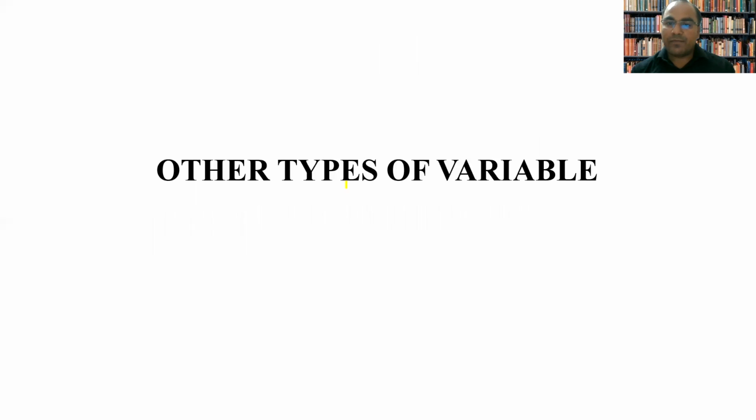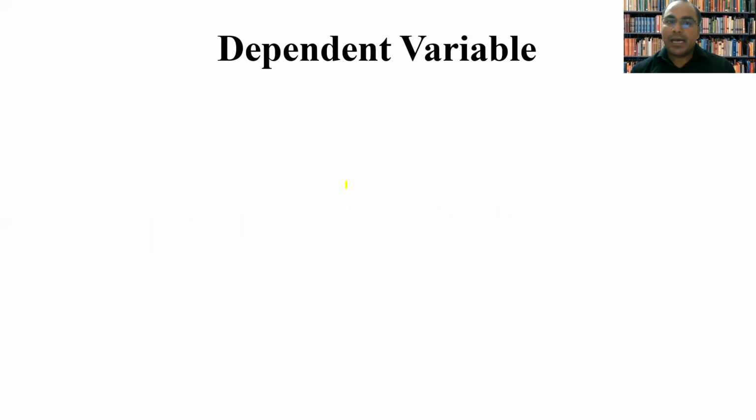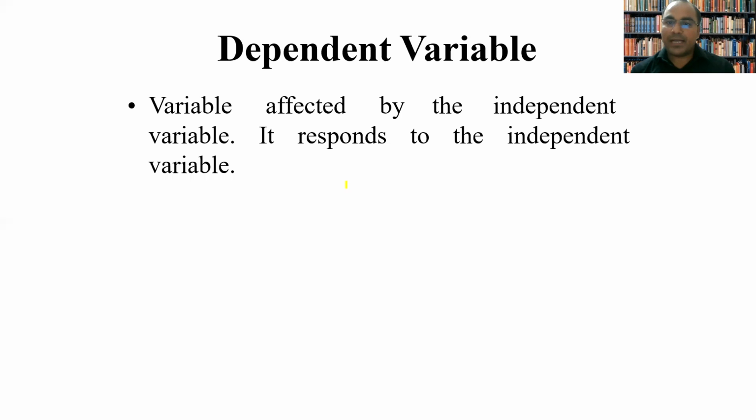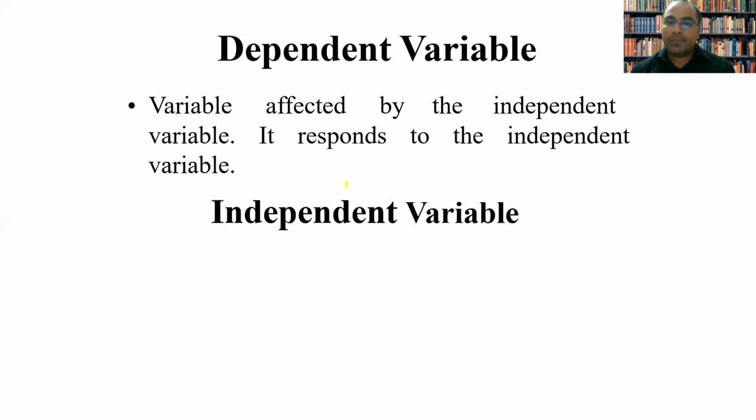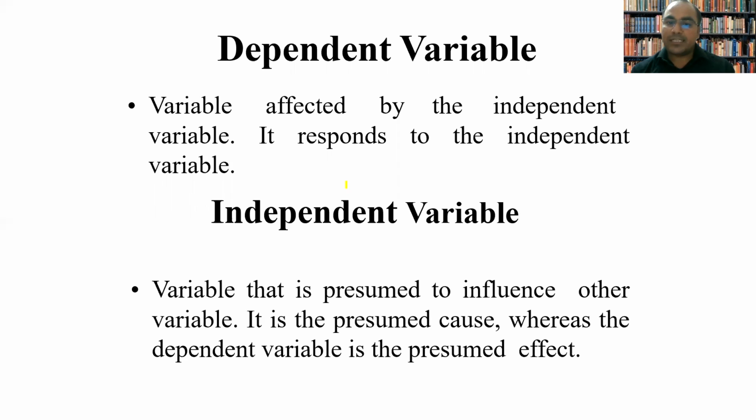Some other types of variable are the dependent variable and the independent variable. The dependent variable is affected by the independent variable; it responds to the independent variable. The independent variable is presumed to influence the other variable; it is the presumed cause, whereas the dependent variable is the presumed effect.